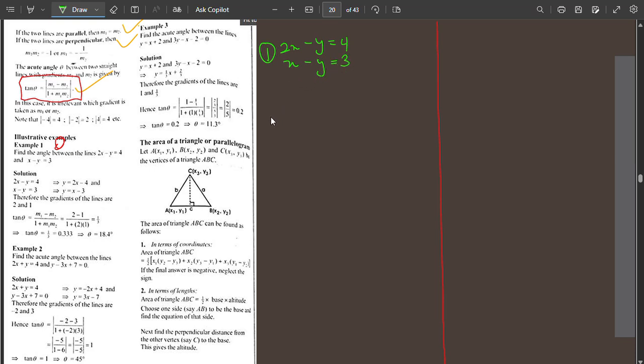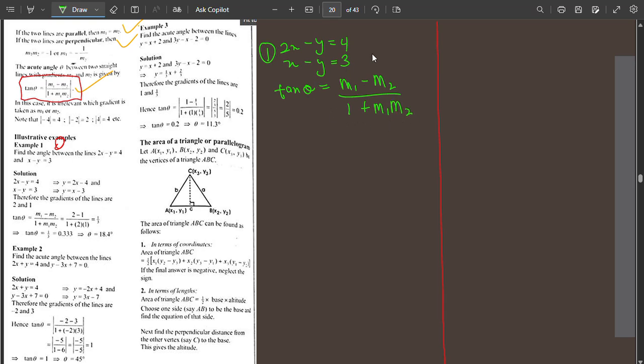Find the angle between these two lines. So the formula is tan theta is equal to m1 minus m2 all over 1 plus m1 m2.